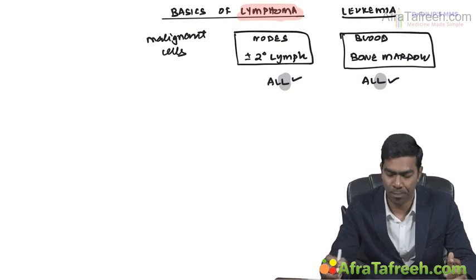You're going to call it acute lymphoblastic leukemia or acute lymphoblastic lymphoma, depending on where you're seeing the malignant cells. If the blastic malignant cells that you see in ALL are circulating in the blood predominantly, you're going to call it acute lymphoblastic leukemia. If the blastic lymphoid malignant cells are seen predominantly sequestered within the lymph node, we are going to call it acute lymphoblastic lymphoma. That's it. But both are malignant blastic hematopoietic lymphoid cells only.